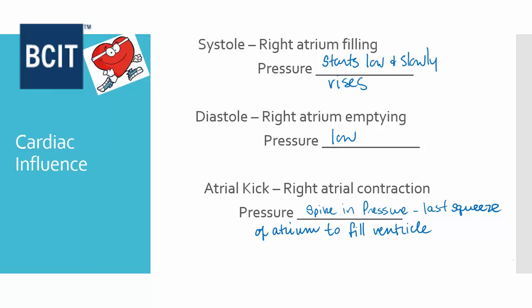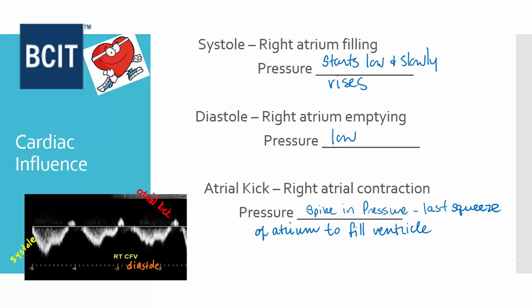So we get this backflow of blood, and blood is unable to return to the heart because of that increase in pressure into the right atrium. So now the ventricle has filled. The ventricle now squeezes the blood out, and this all starts again. And this is reflected in our spectral tracings.